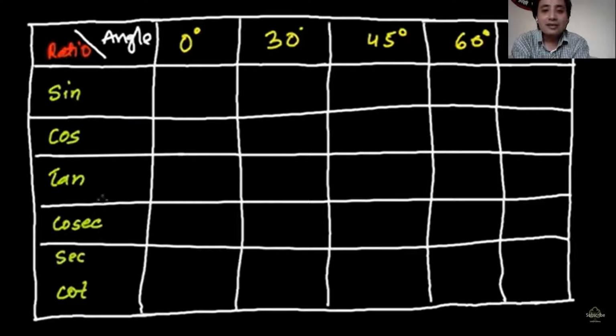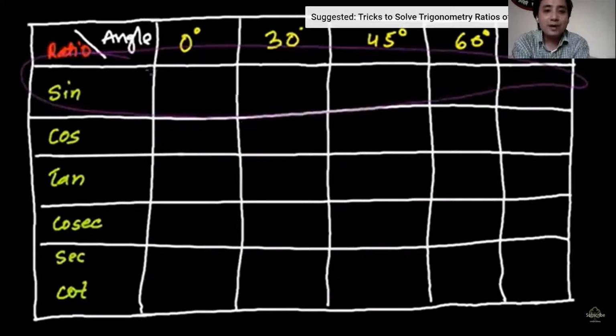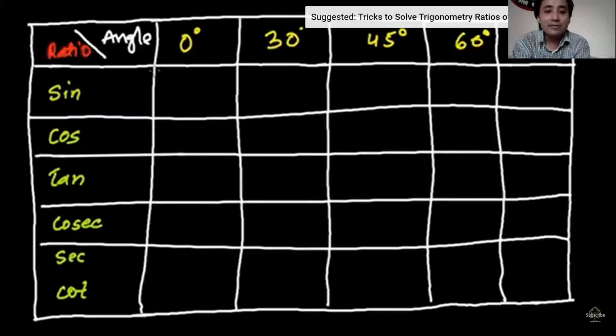Now the easiest trick we can use is, first of all, let us calculate for sine. For sine, for the first part, we can write from 0 and go up till 4.